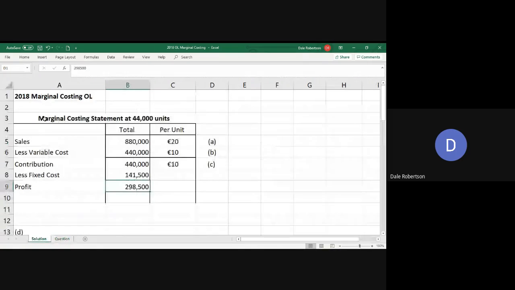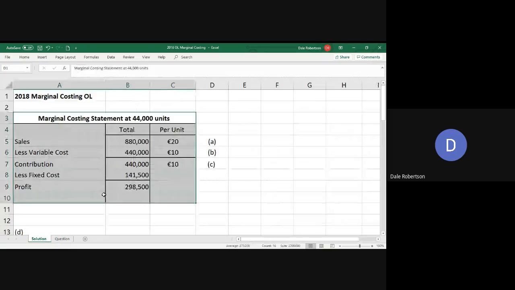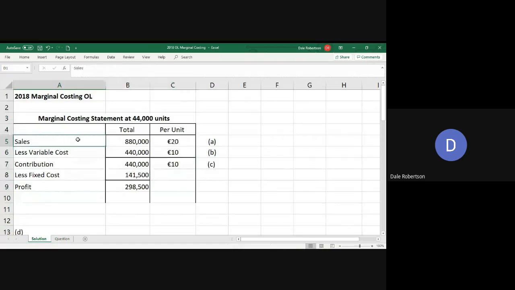And this is what we call a marginal costing statement. This marginal costing statement is the basic way that we will always set out a marginal costing question, higher level or ordinary level. What you're going to do is write down your sales, take away variable costs to give you your contribution, take away fixed costs to give you your profit.